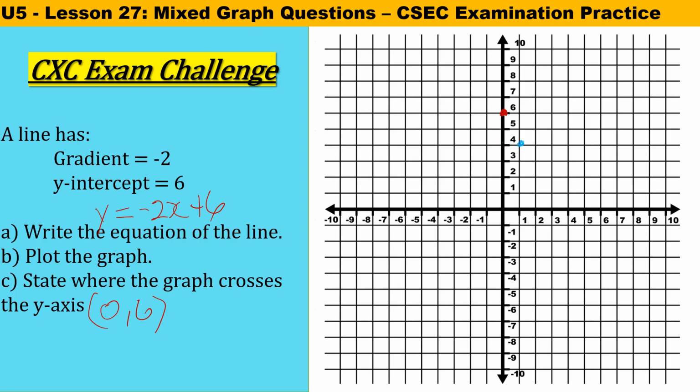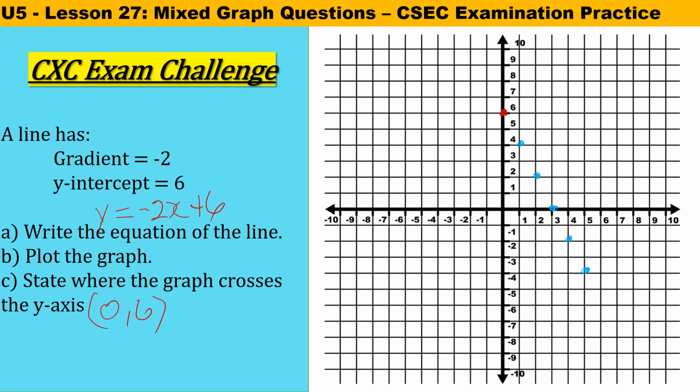Then from this point, you go down 2, 1 across. From here, go down 2, 1 across. Then again, down 2, 1 across. And there are your points.